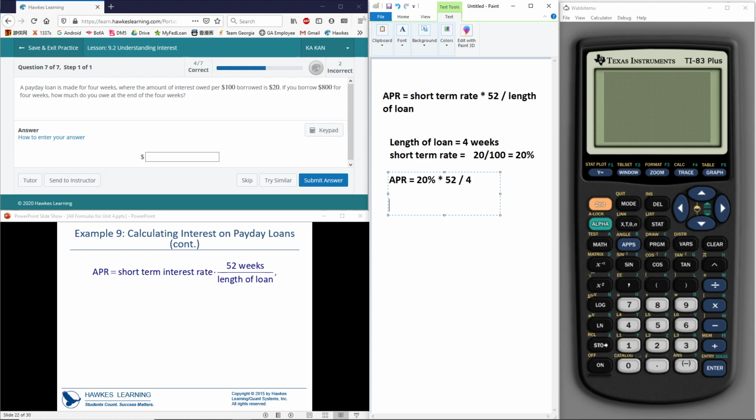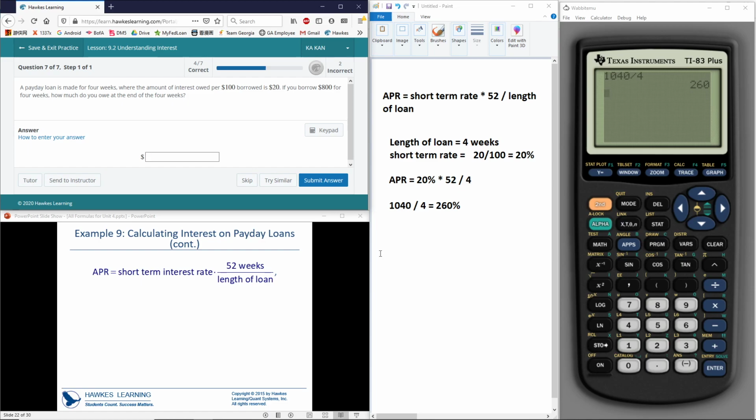You don't even need to do that. Just do 20%, because your answer has to be a percentage anyway. So 20% times 52. What's 20 times 52? It's 1040. 1040 divided by 4 must equal 260. So that means this is a 260% interest rate, which is pretty bad.